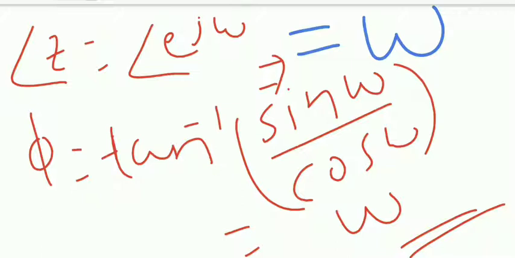So these two things we should not forget. The magnitude of z is always equal to 1. The phase of z depends upon the value next to the j in e power j. If it is e power j 25, the phase of z is 25. If it is e power j 2 pi by n, what is the phase of z? It is 2 pi by n. So in e power j theta, whatever lies next to that j is the phase.